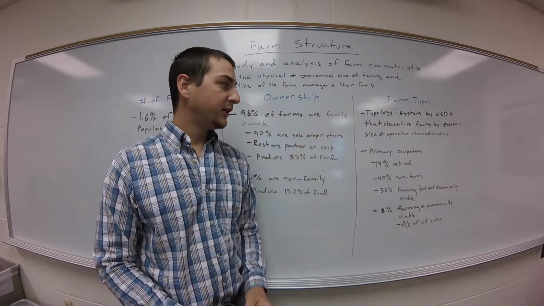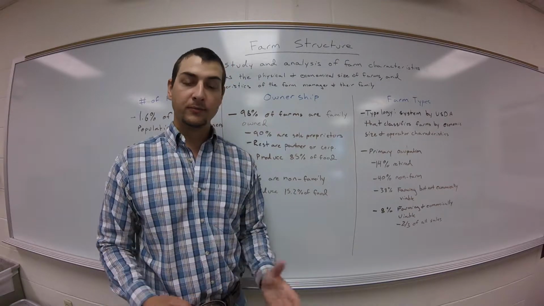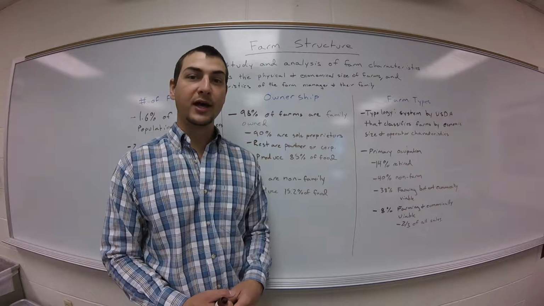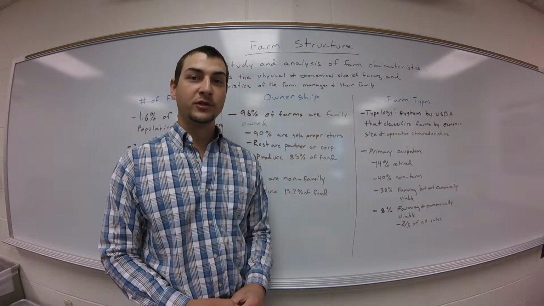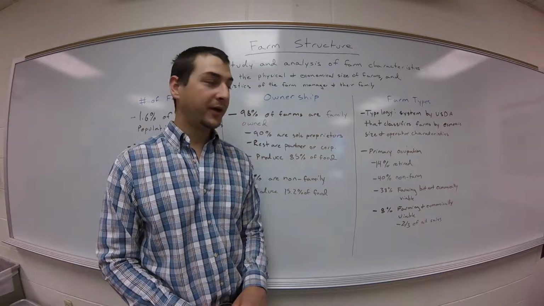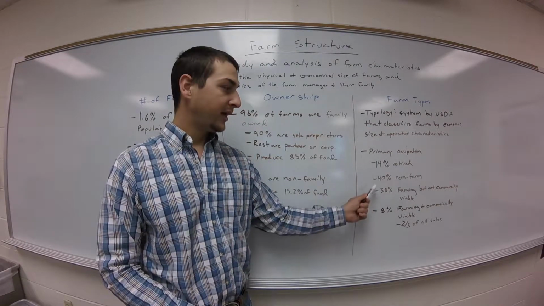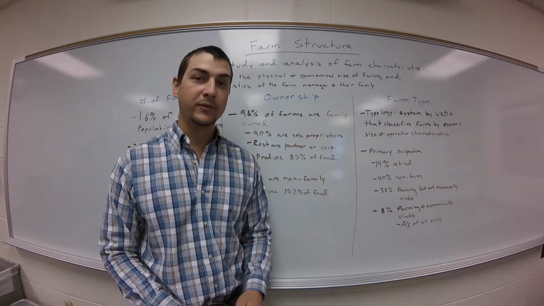They did a study and they wanted to see what is the primary occupation of farmers. Bear in mind that to be considered a farmer, you only have to generate $1,000 in revenue. When they asked all these farmers, what is your primary occupation? 14% said that they are retired. We had 40% say that they generate their income off of non-farm income.